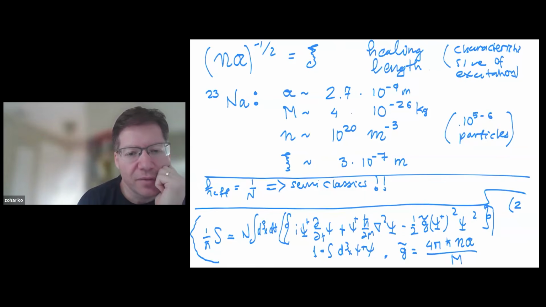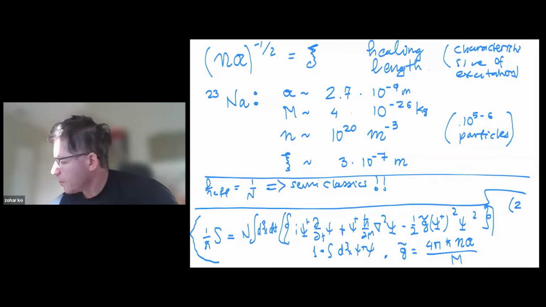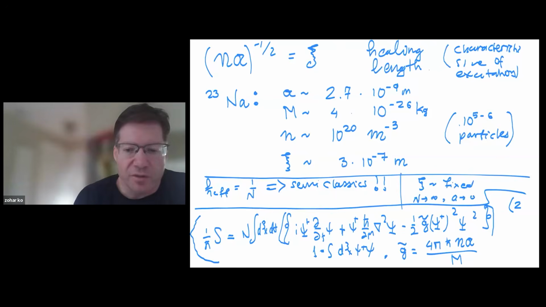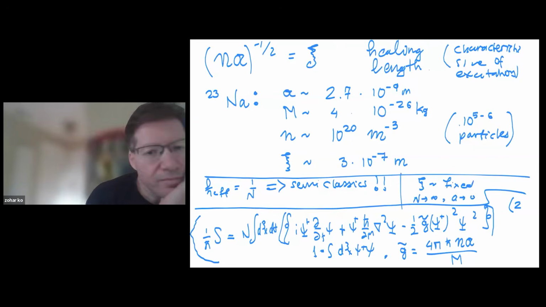So why can we use the semi-classical techniques? And this is the deepest point of this discussion. So the theory of dilute gases and semi-classics makes sense in a double scaling limit. The double scaling limit is where the healing length is kept fixed and the number of particles goes to infinity, or alternatively, the interaction range goes to 0.